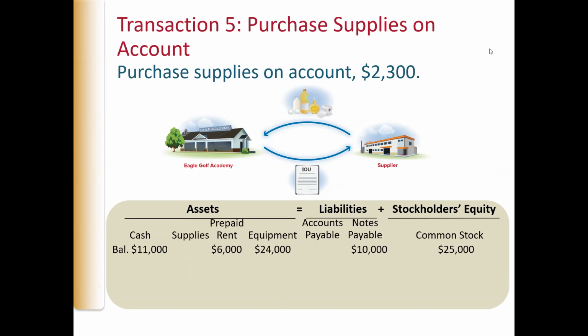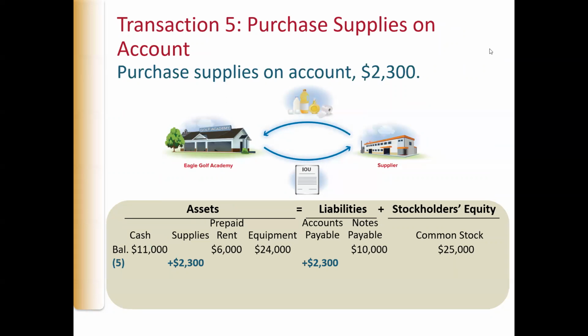Now we have something similar. We purchased $2,300 worth of supplies. Our asset called supplies increased, but I didn't say this well enough. We didn't use cash. We purchased supplies on account, which means we have the supplies, but we owe the vendor money. So in this case, our asset supplies increased, and our liability also increased.